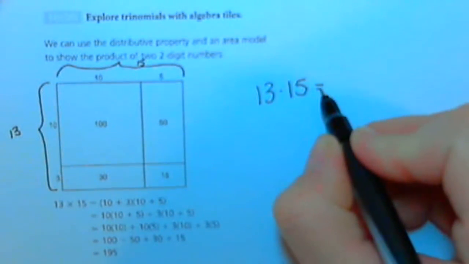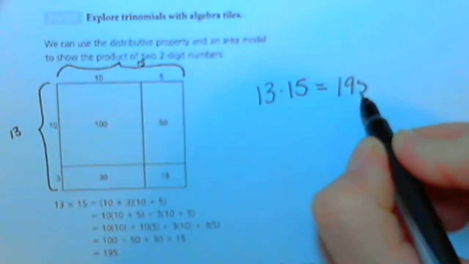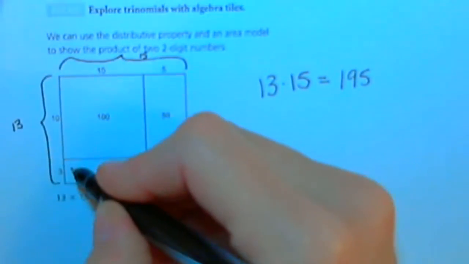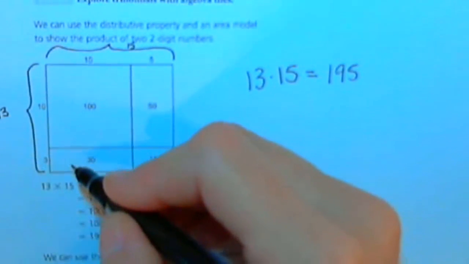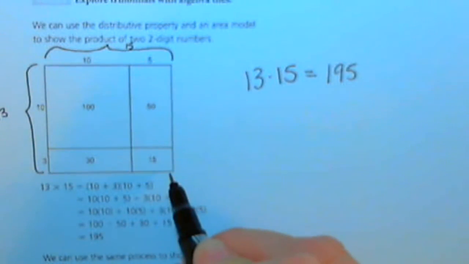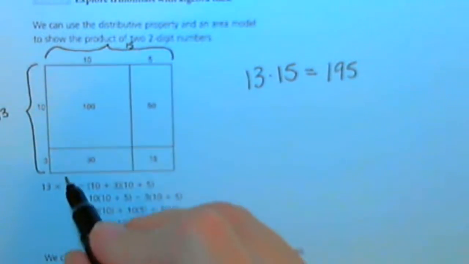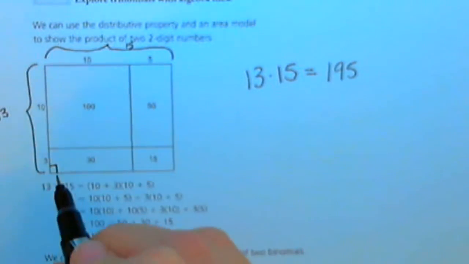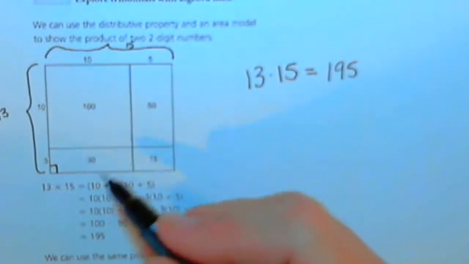And the answer you get if you multiply 13 by 15 is 195. If I was to break this into little cubes, and if this had better resolution, you would see it. This would be 13 little squares wide, and this would be 15 squares high, and there would be 195 of these tiny little squares throughout this diagram.